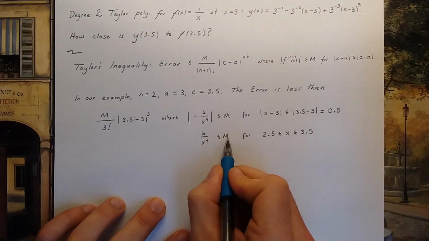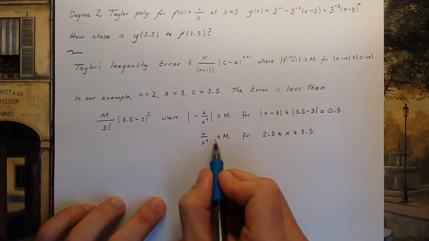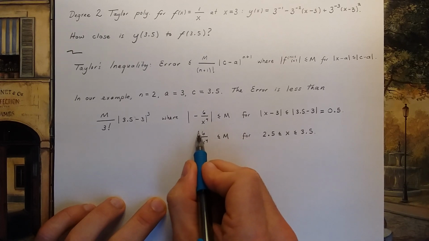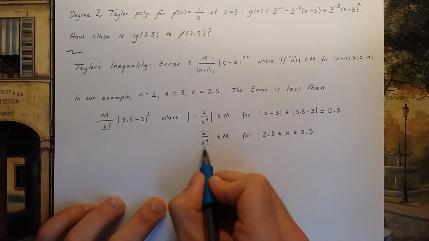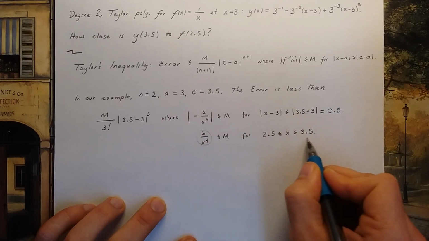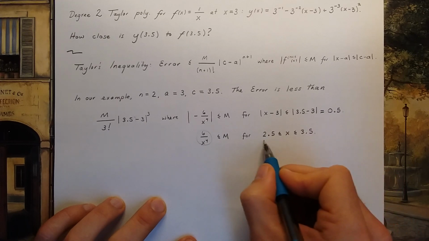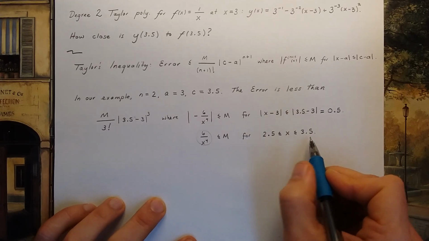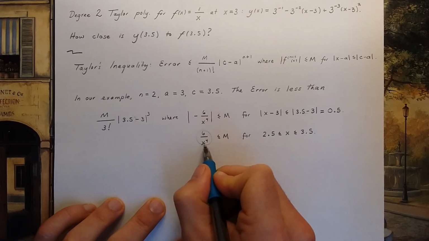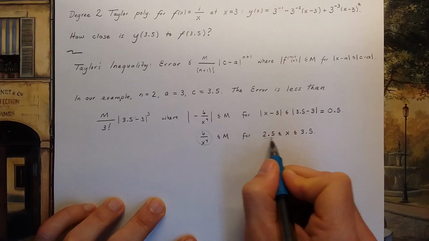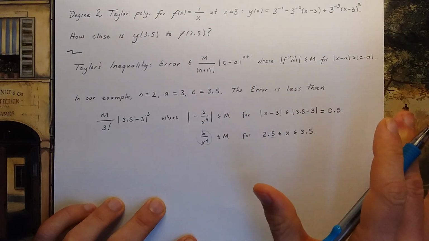So what value of M could I take here? What is the biggest that this can ever be? I need M to be bigger than this for all the values of x I can plug in this range. So I'm dividing by x to the 4th. If you divide by a smaller number, the whole quantity gets bigger.